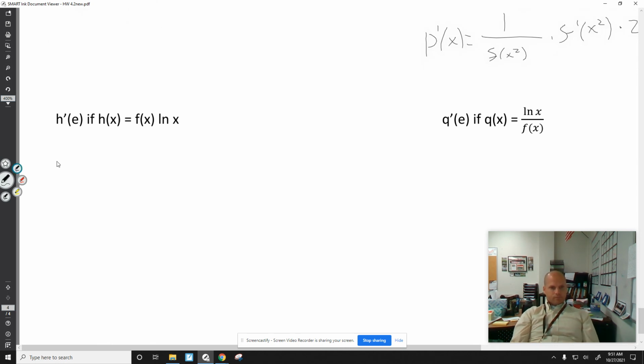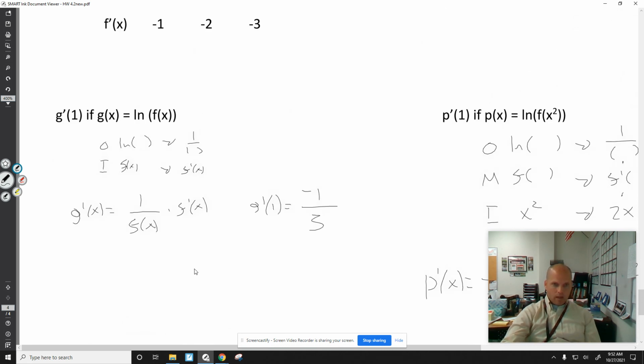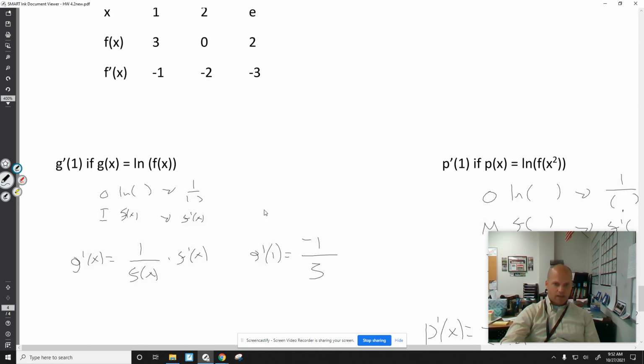Product rule. Derivative of the first times the second plus the derivative of the second times the first. Plugging in e, I get f prime of e log e plus 1 over e f of e. Log of e is 1. F prime of e is negative 3.